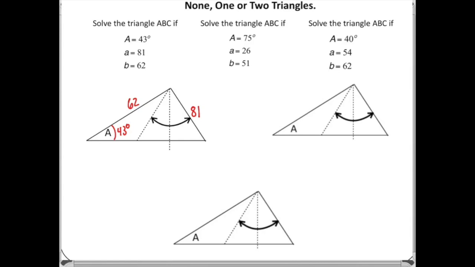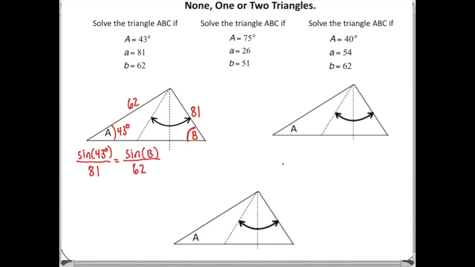What we want to do is set this up using the law of sines, and we're trying to solve for this angle right here. Because, just from the previous video, we'd have this angle and its opposite side, and then this angle and its opposite side. So let's set that up and see where this takes us.